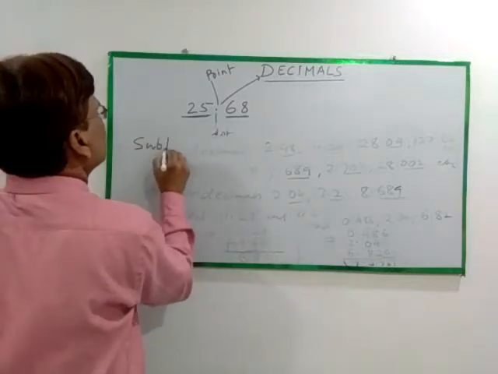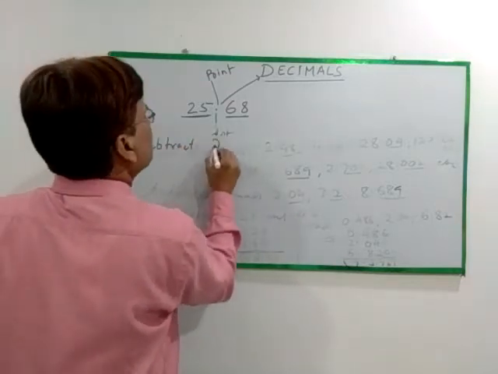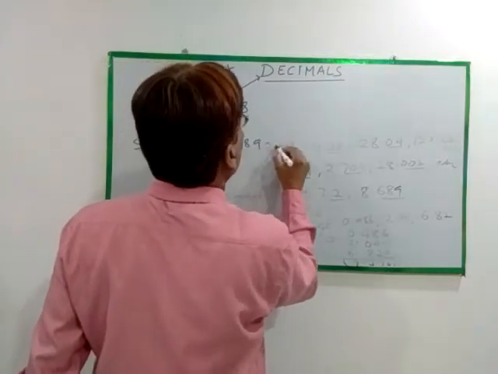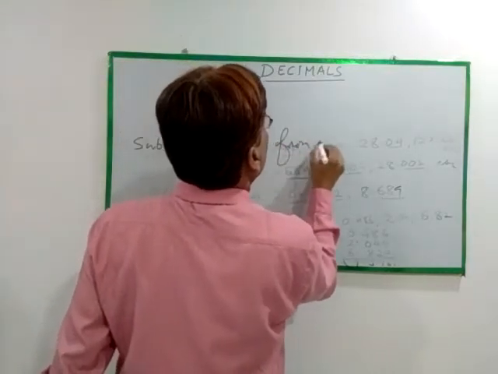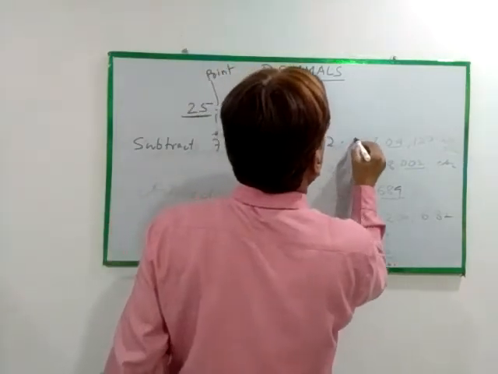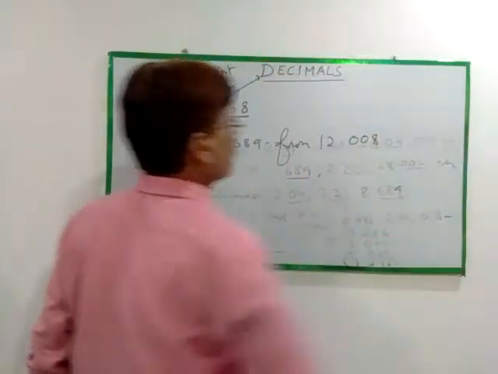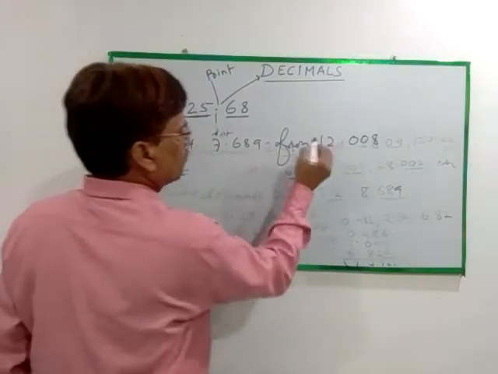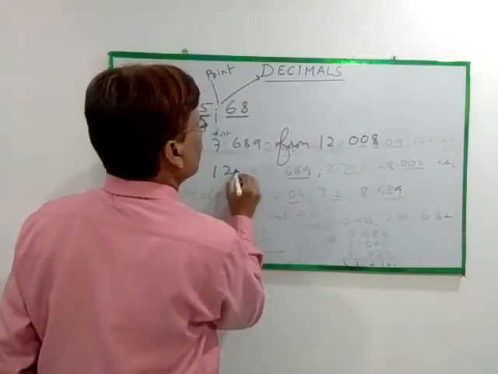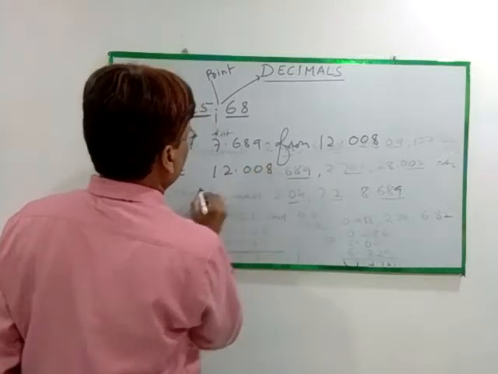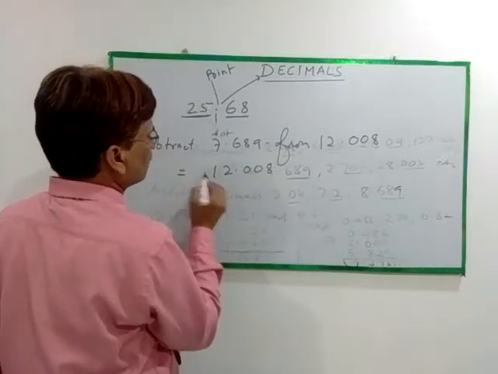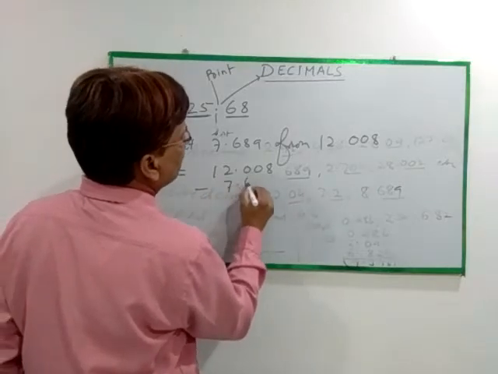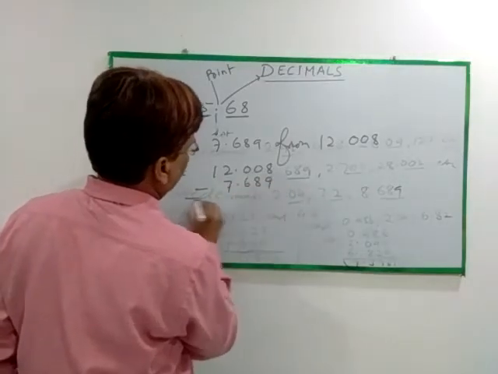Subtract 7.689 from 12.008. Okay, so first we have to write 12.008, then put the sign of subtraction, then 7.689.